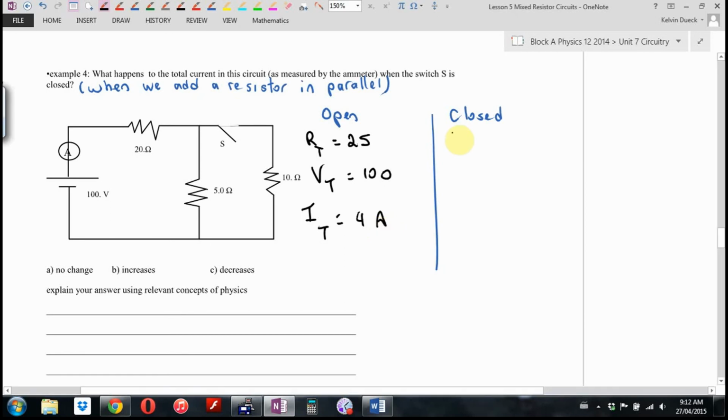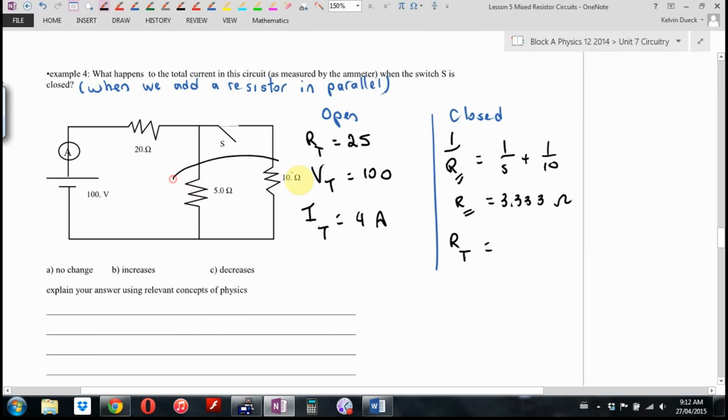Well, first I would have to go 1 over R parallel is 1 over 5 plus 1 over 10. What's R parallel equal to? 3.3333. What's R total equal to?